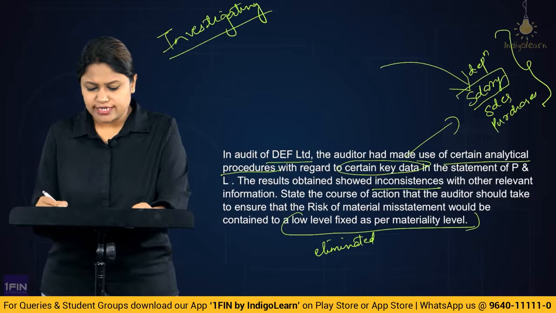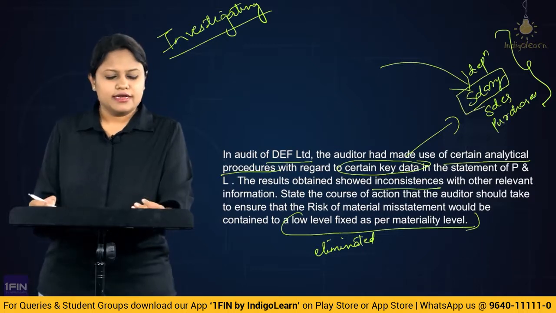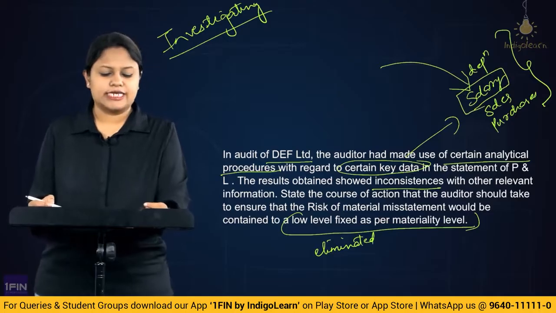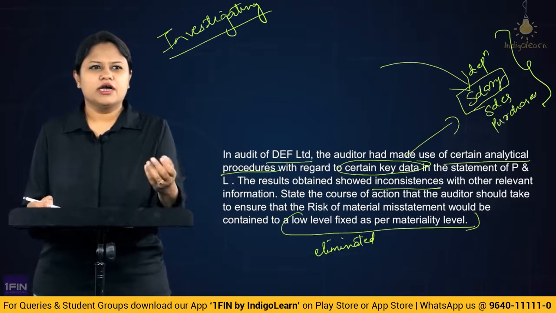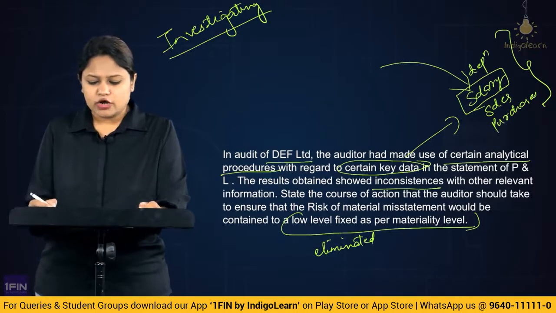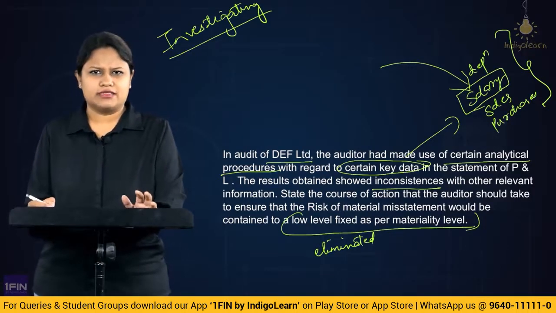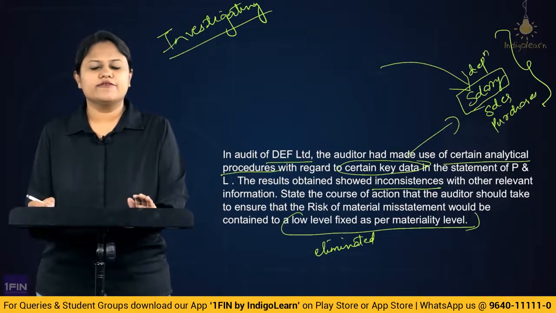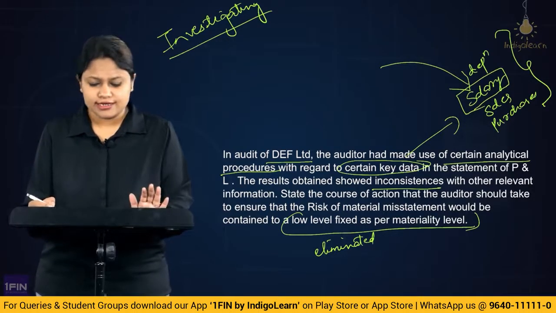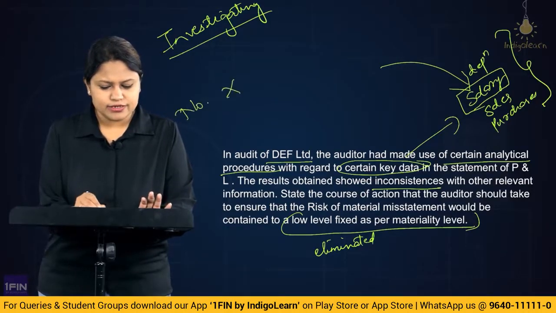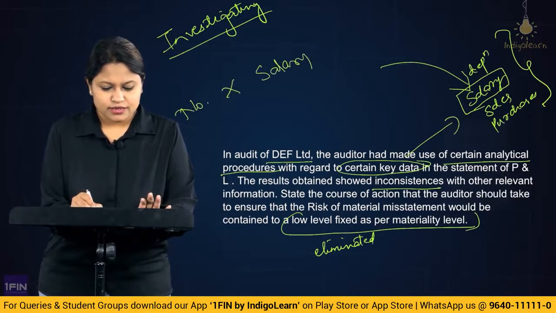Now, understand here what we will do. Assume when I checked all the salary expenses, when I checked the acknowledgements, the bank statement, the employees' offer letters for cross verification, in all those places I have not come across anything which is an indicator of misstatement. But then I did some kind of reasonableness check where I simply took the number of employees and multiplied it with the average pay.